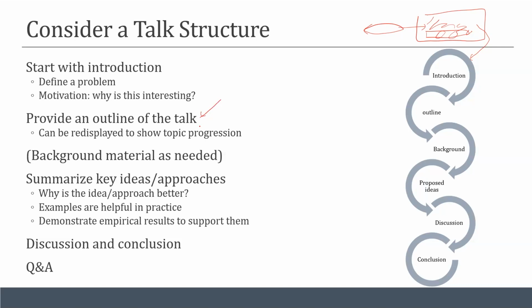So I'm going to talk about this specific problem in this way. And as I said in the previous slides, this outline can be redisplayed to show the topic progression. If you think the audience might not have sufficient background knowledge, then you can include background material if needed.